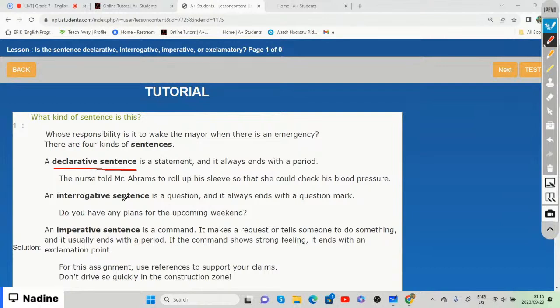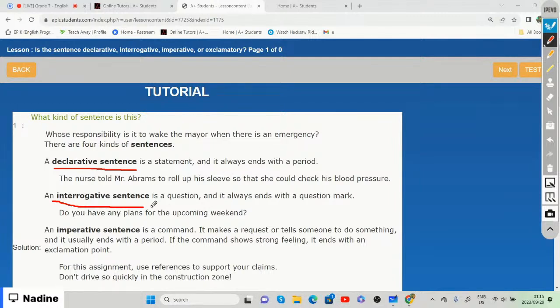Then we have an interrogative sentence. An interrogative sentence is a question. It is a question that is being asked. And it always ends with a question mark.